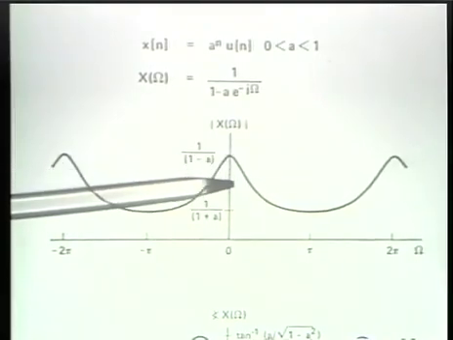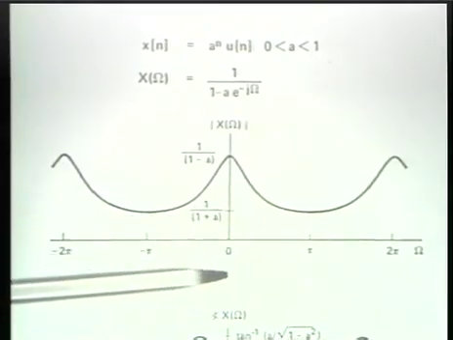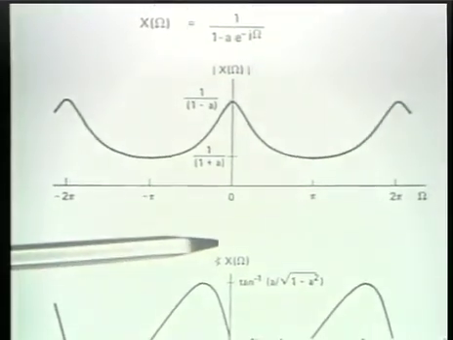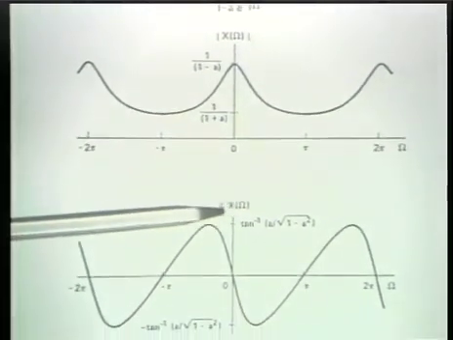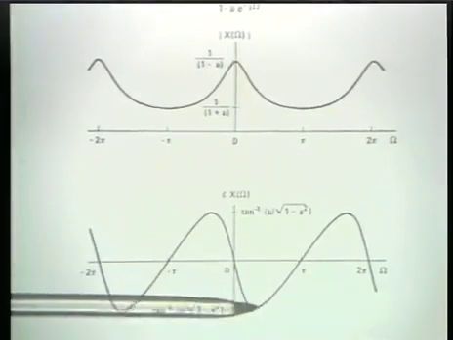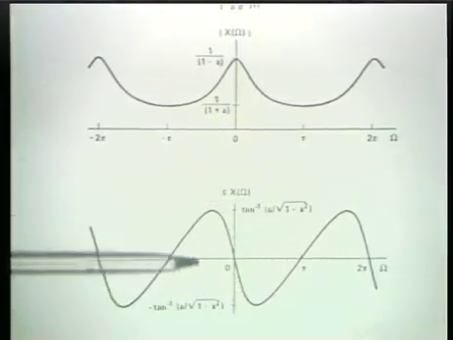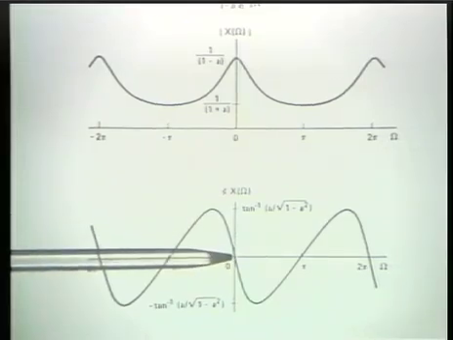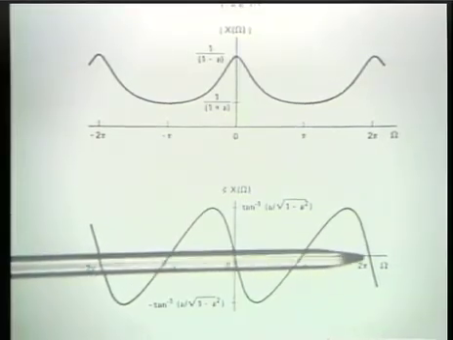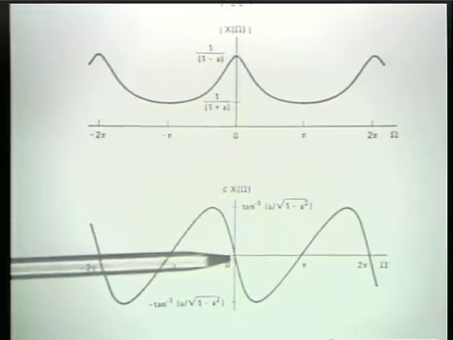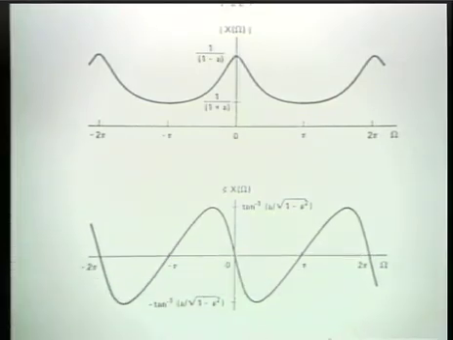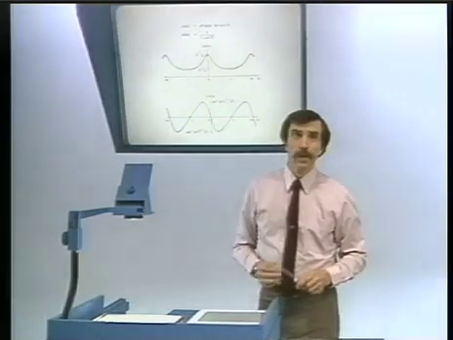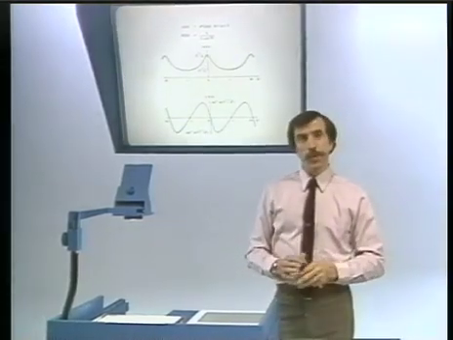On the other hand, if we look at the phase angle below it, the phase angle is odd symmetric, and that's indicated clearly in this picture. And of course, in addition to being odd symmetric, it naturally has to be a periodic function of frequency with a period of 2 pi. Okay, so we have some symmetry properties.